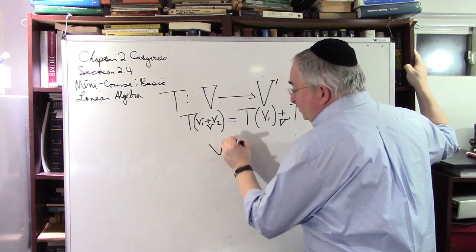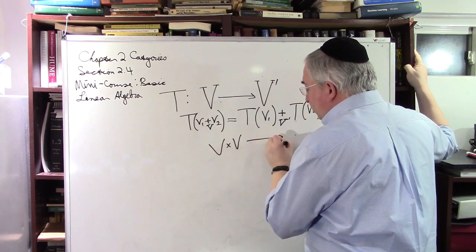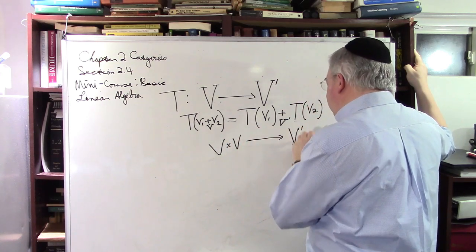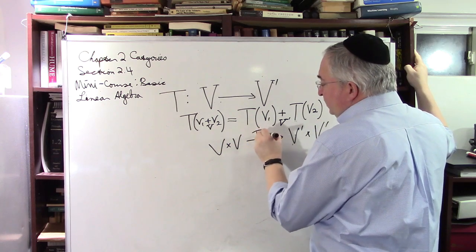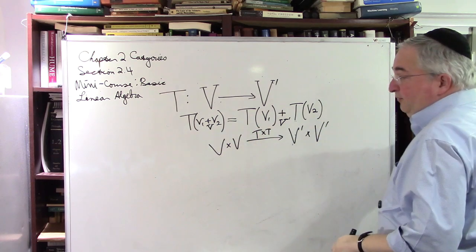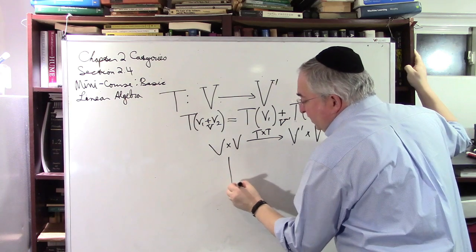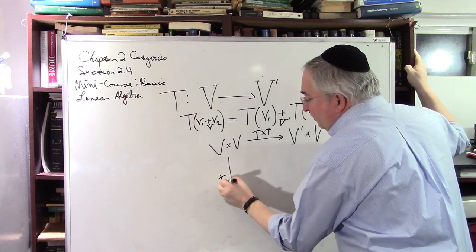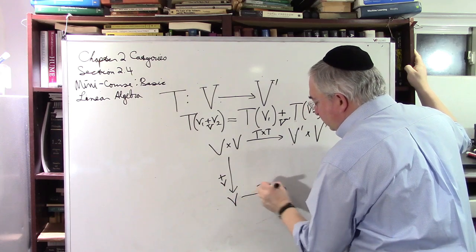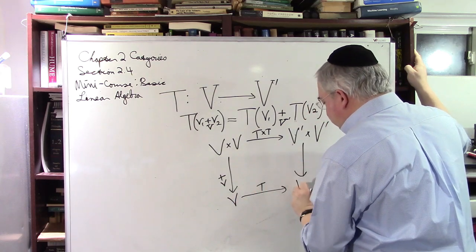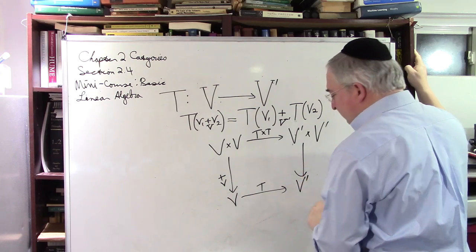V cross V, V prime cross V prime. This is T cross T. This is the addition operation in V, that goes to V. This goes to T. This goes to V prime.